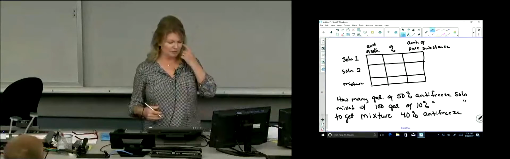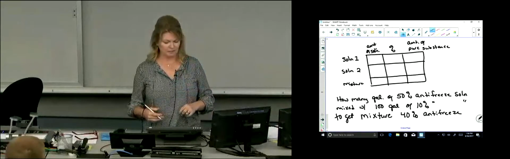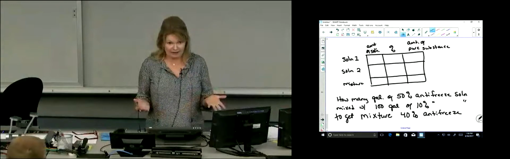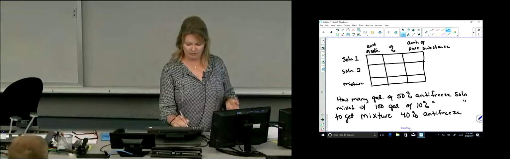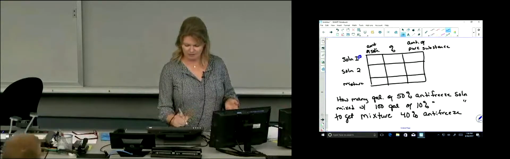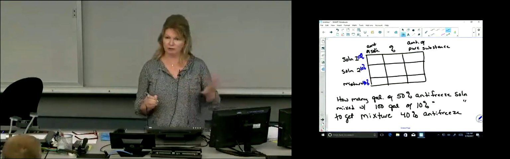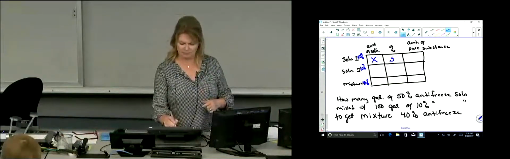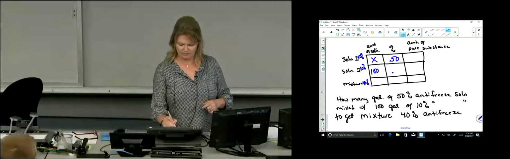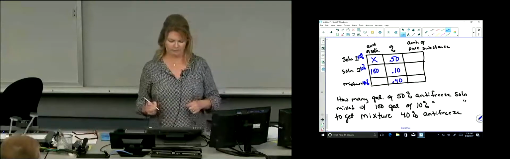We want to end up with 40%. And they said, how many gallons of 50? So I'm going to let the first one represent 50, the second one represent 10, and the last one represent the 40. So label them on the left-hand side so you'll know who goes with what. So how much of the 50 goes with 100 gallons of the 10? And I want to end up with 40.